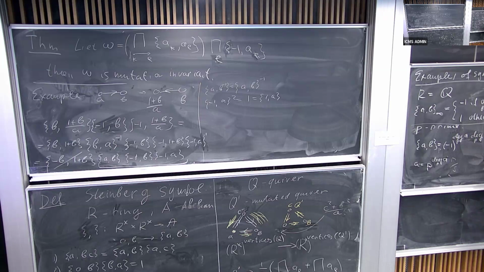And the claim, which you can believe Misha, is that this Teichmüller T^D is actually isomorphic, birational, to R positive to the power of the edges of a triangulation.